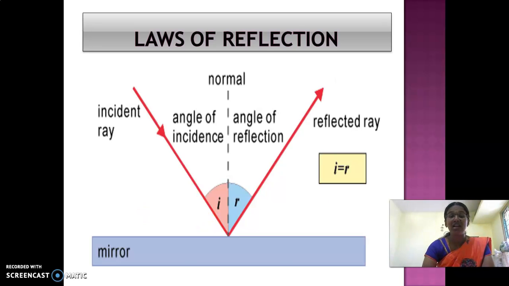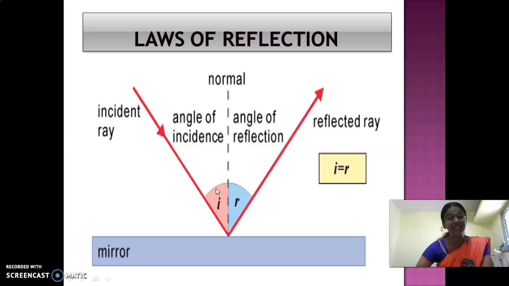Next thing is laws of reflection. What is that laws of reflection, children? So when light rays incident on a smooth surface like mirror, the ray which is incident is called as incident ray, and the ray which gets reflected from that mirror is called as reflected ray, right? So this is called as incident ray and then reflected ray.